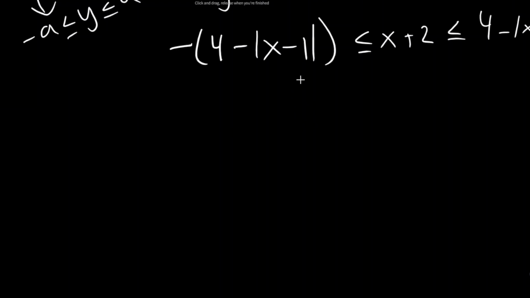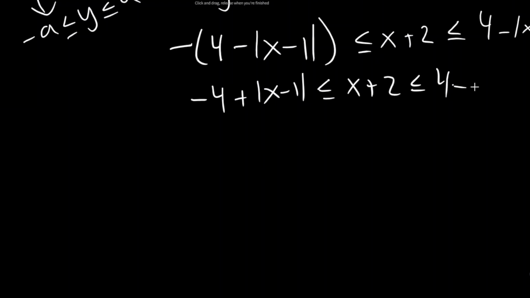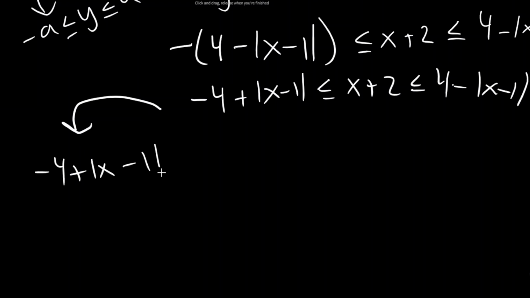Okay, so let's do a bit of simplifying here. We can distribute the negative, and that is pretty much all we can do to simplify. So here, I'm just going to split it up into two different equations just to make it a little bit more simple. So we have this equation, and we have this equation.